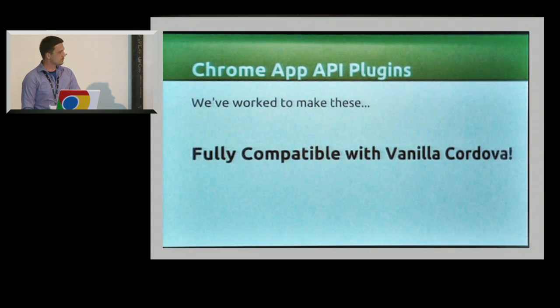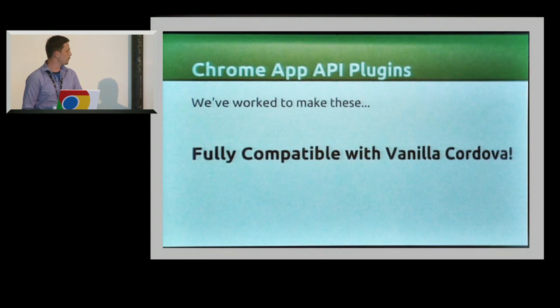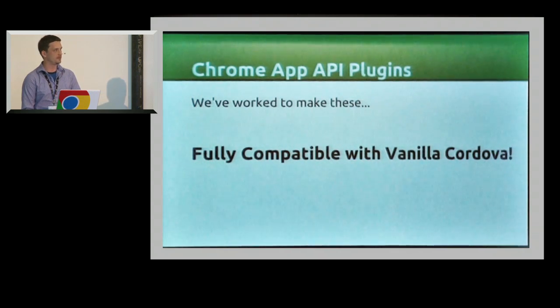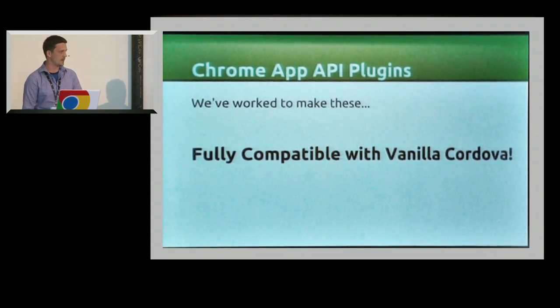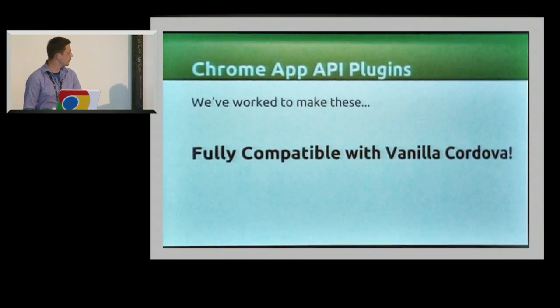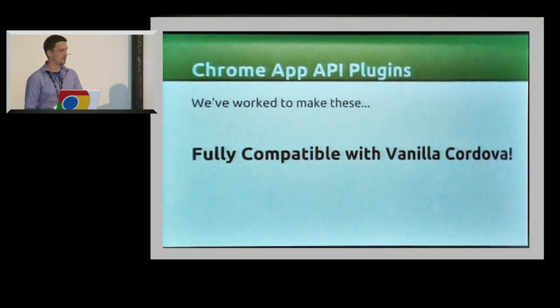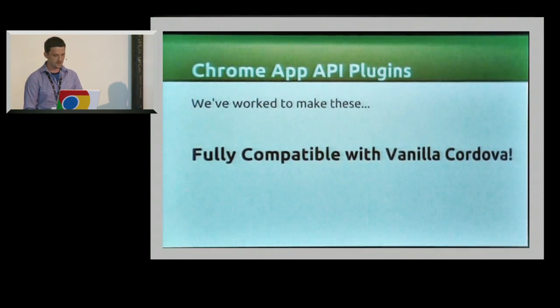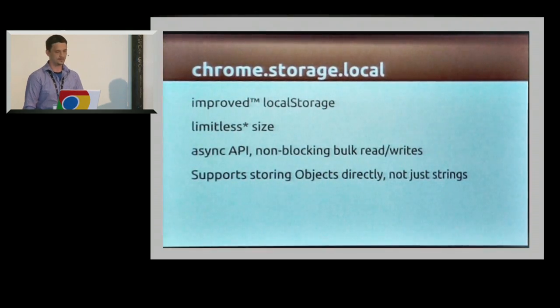As we re-implemented them, not only did they run in our mobile Chrome app framework for porting your packaged apps, we wanted to make sure they're fully compatible with vanilla Cordova. So even if you're not writing a packaged app for desktop and porting it over to mobile, even if you're just writing a Cordova app for yourself, you can use our APIs. That's our gift to you.